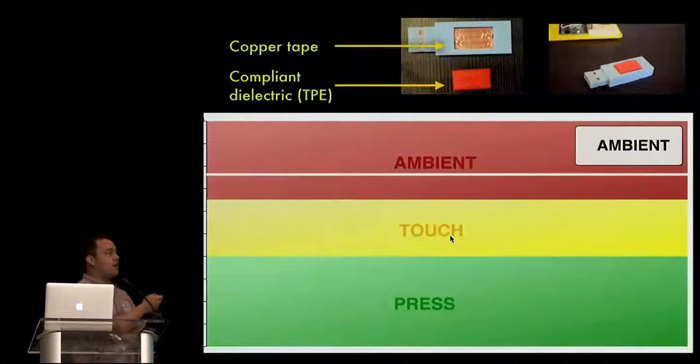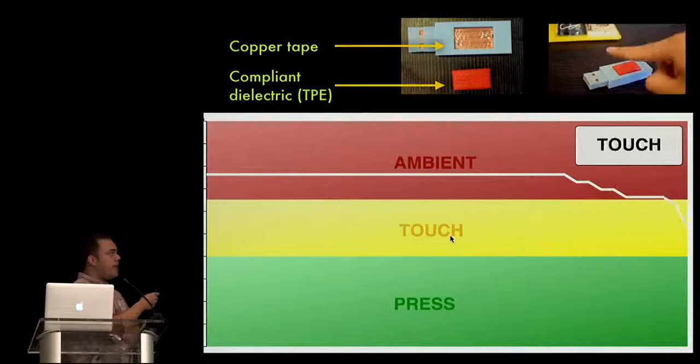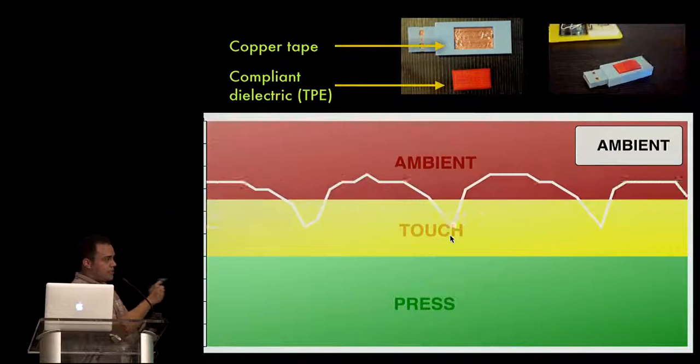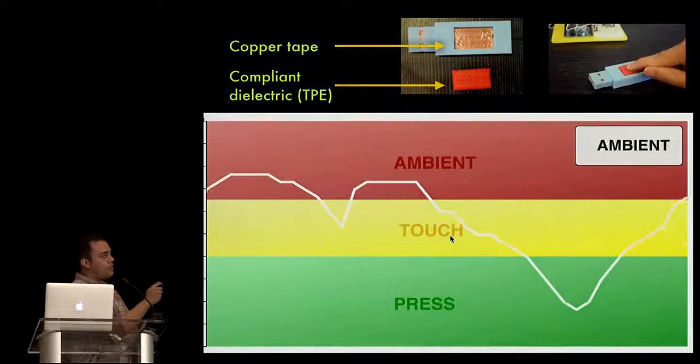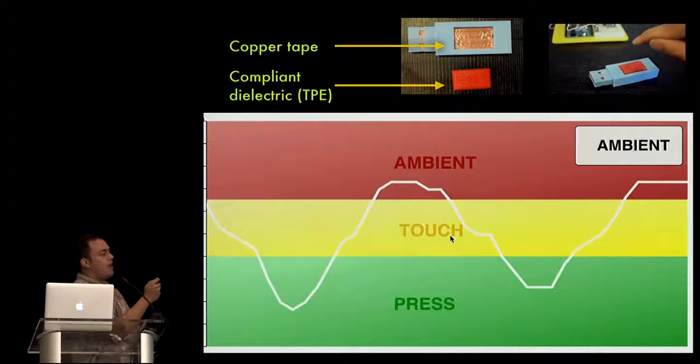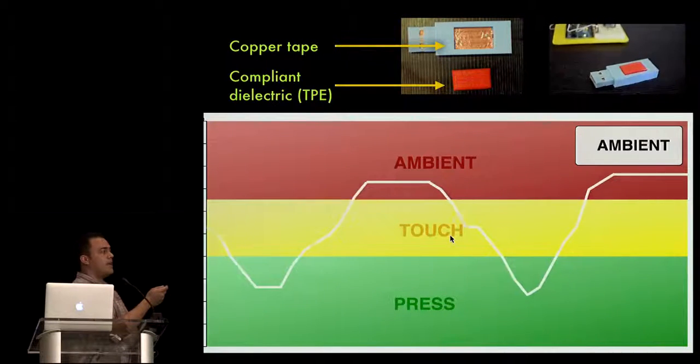In this graph, you'll notice that as my finger approaches, it'll go down into this touch. And as I press this compliant button here, I'm able to also reliably detect press.